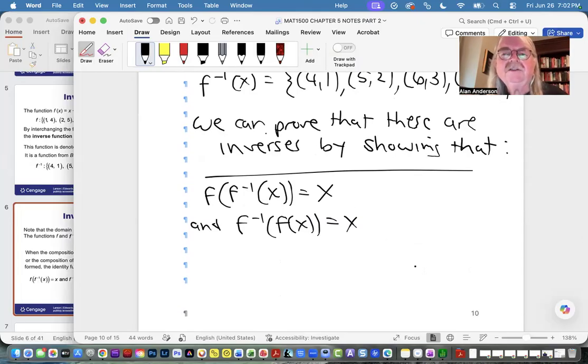Okay, so here's a quick, simple example, which will hopefully illustrate this.